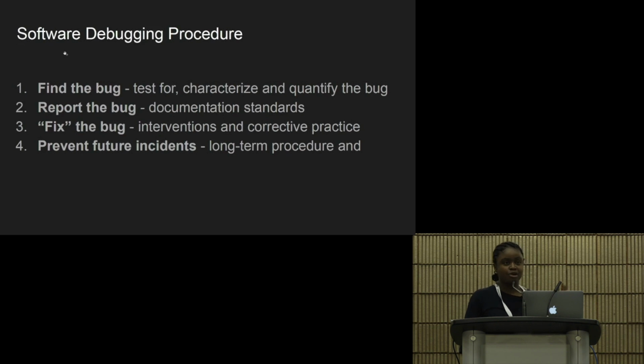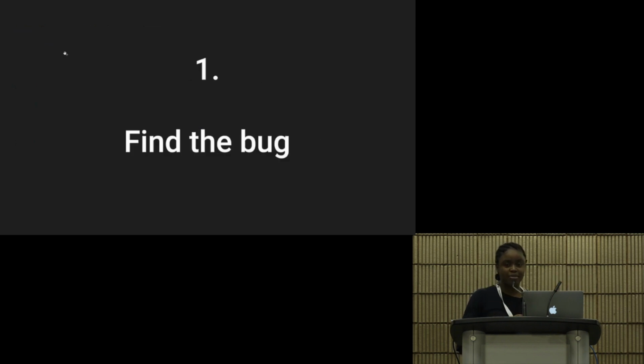At a super high level, my interpretation of the debugging procedure is: you find the bug, you report it, you fix it, and then you attempt to patch any procedural issues and prevent future misuse.